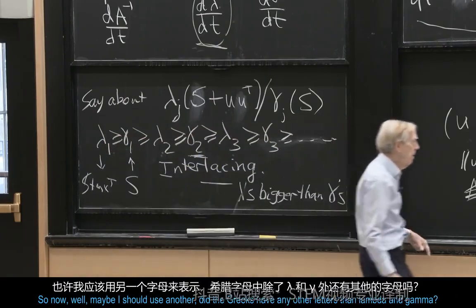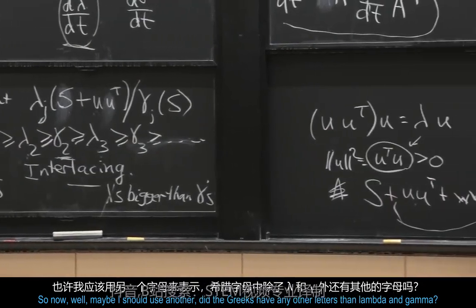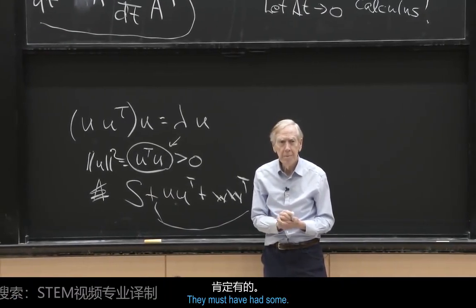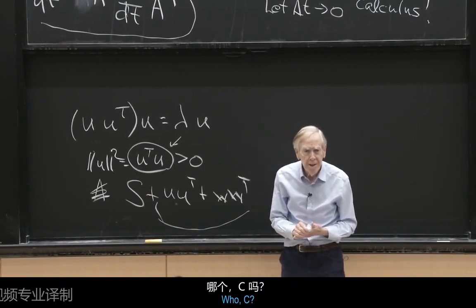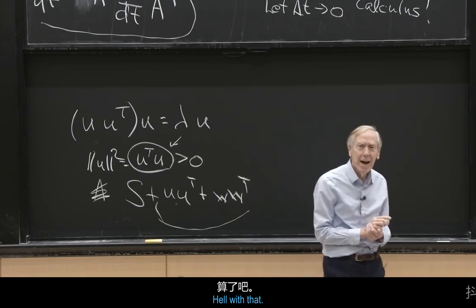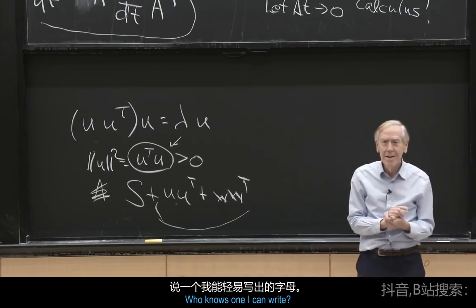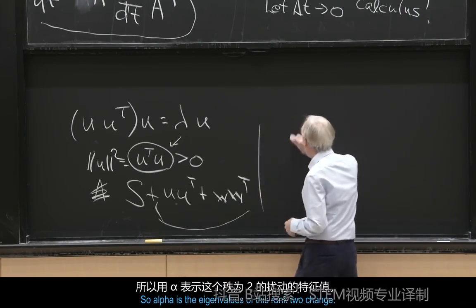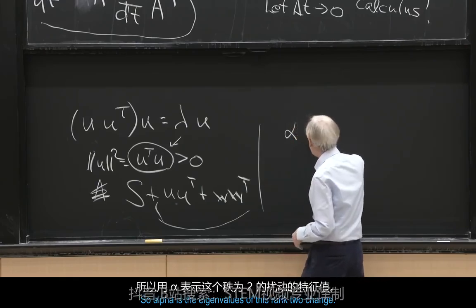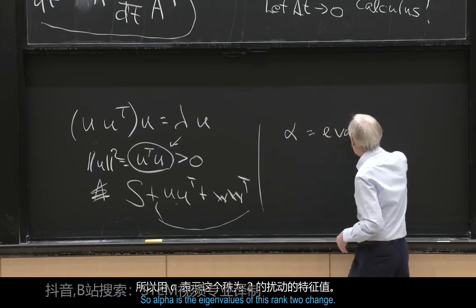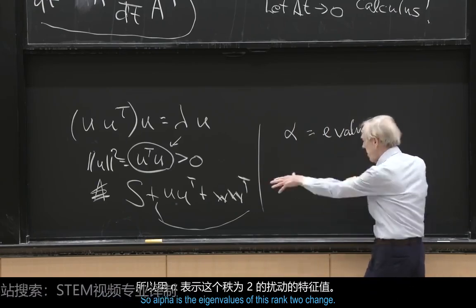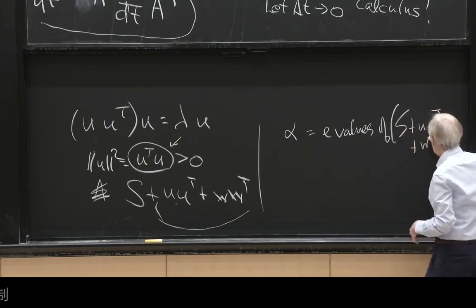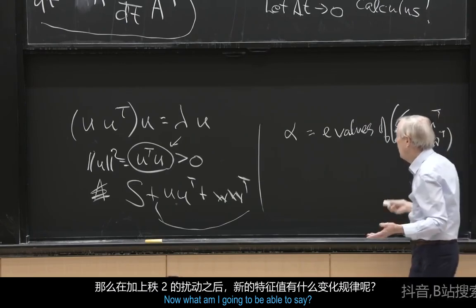Now, maybe I should use another letter. Did the Greeks have any other letters than lambda and gamma? They must have had some. Who knows one I can write? Alpha, good, alpha, yes, right. So alpha is the eigenvalues of this rank 2 change. Okay. Now, what am I going to be able to say?